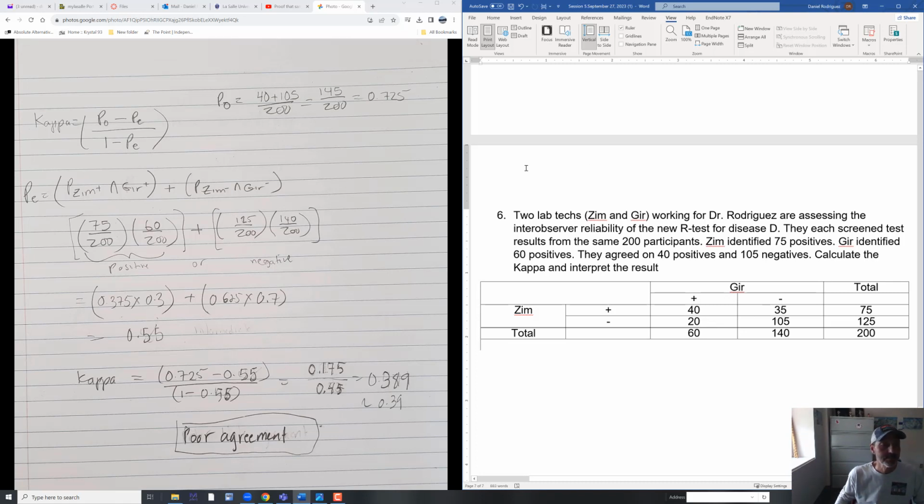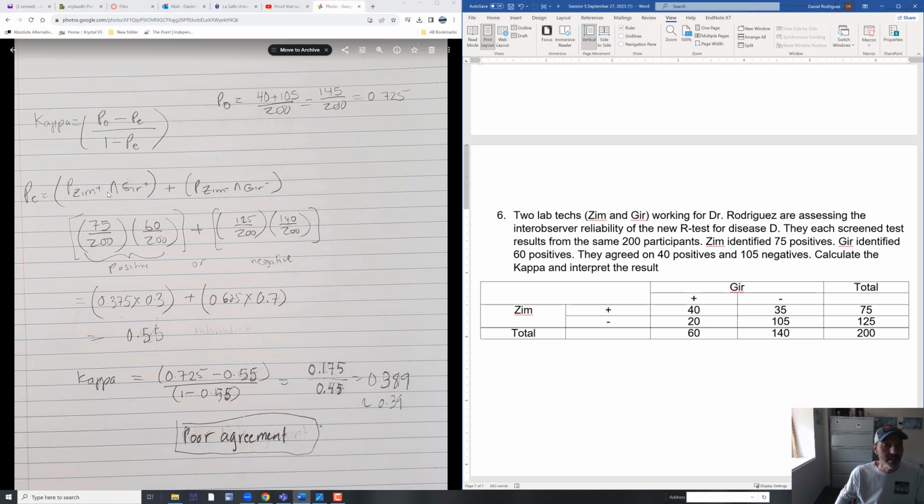Pretty easy, right? Our expected agreement, well, they can occur in two situations, either Zim and Gur, and I use the intersection symbol here. If you know things about sets, that's an intersection symbol.